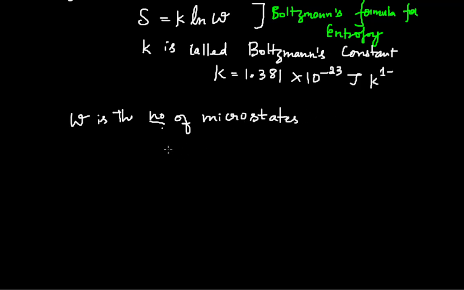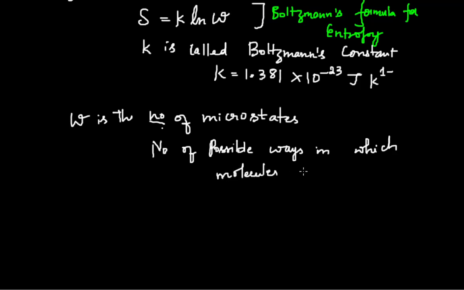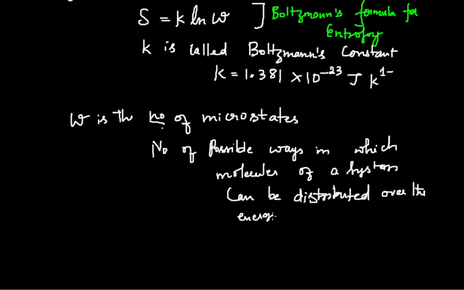And W is the number of microstates, or the number of possible ways in which molecules of a system can be distributed for a given total energy.